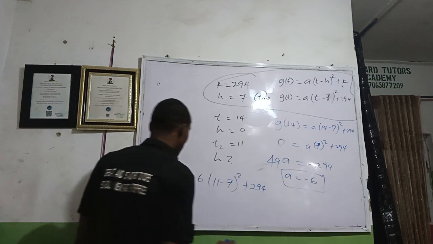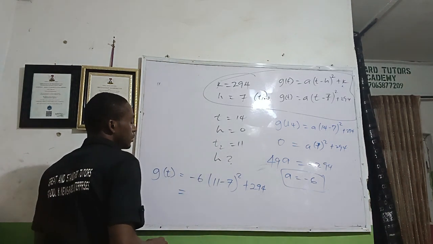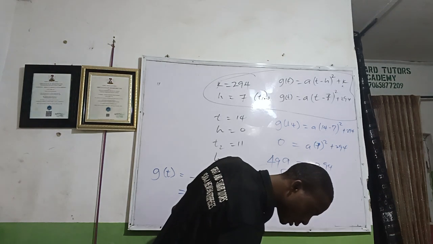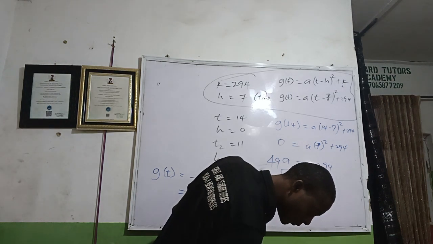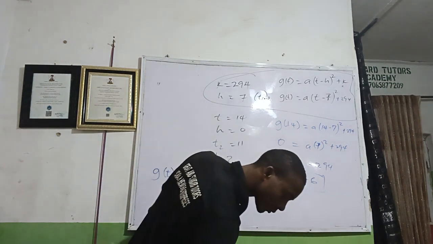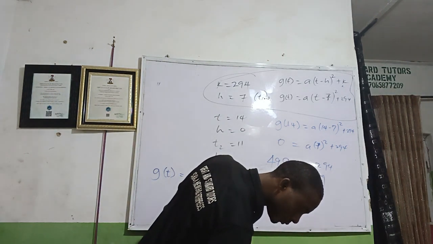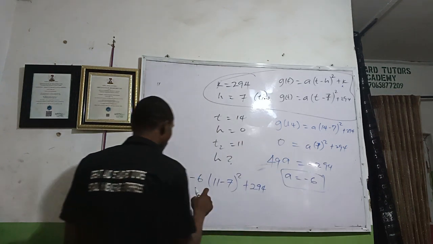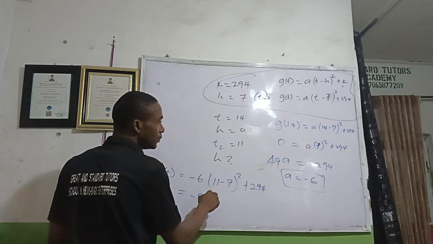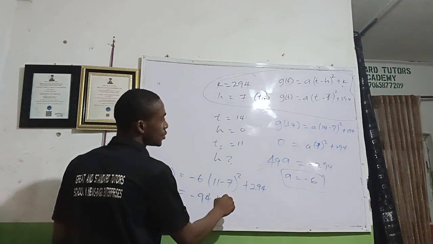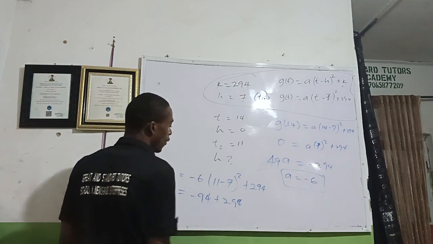4 squared is 16. 16 times 6 is 96. So we have minus 96 plus 294.